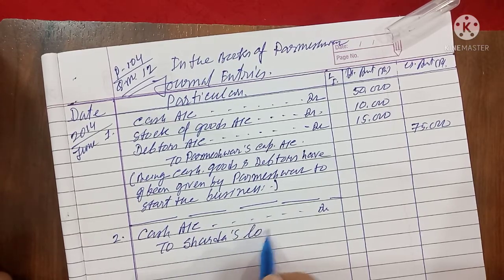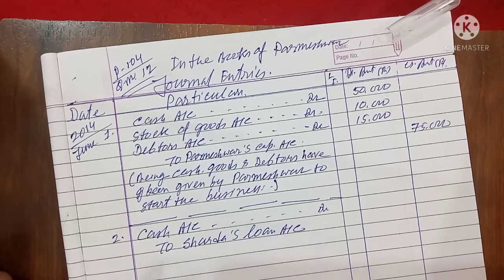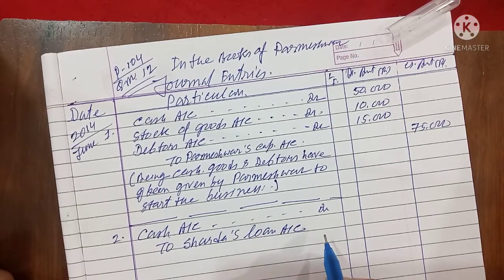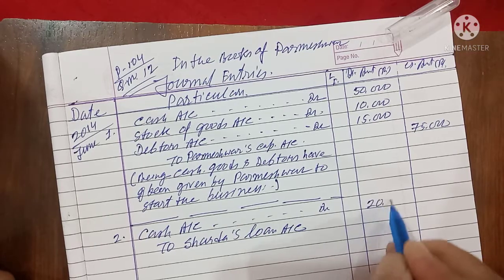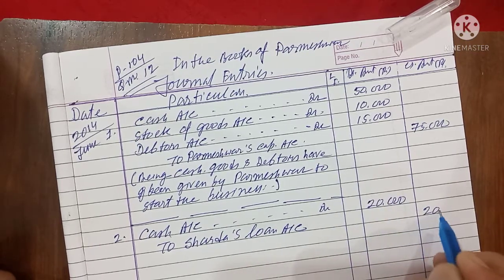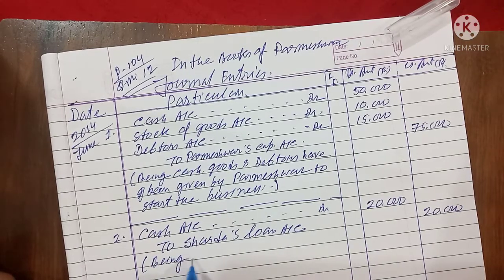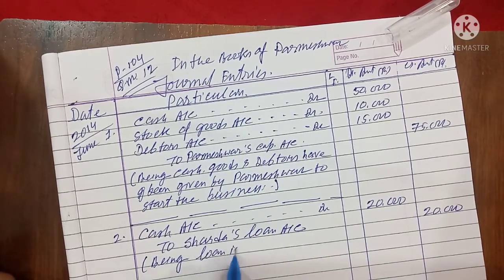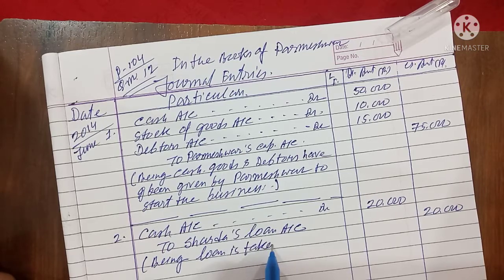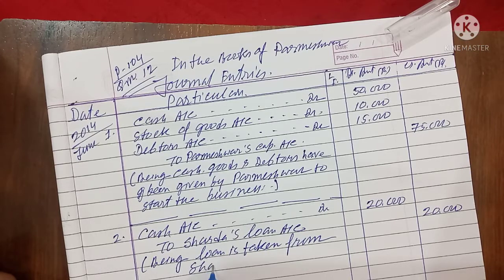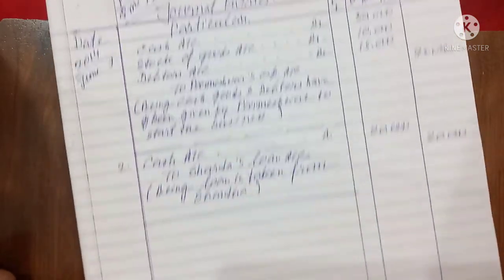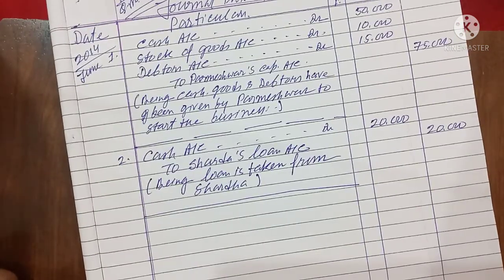Only the money which you have taken as a loan, that entry will come, which is 20,000. So being loan taken from Sarda. That's all. Close it. Now next, number 3.